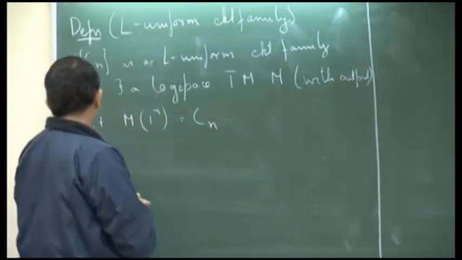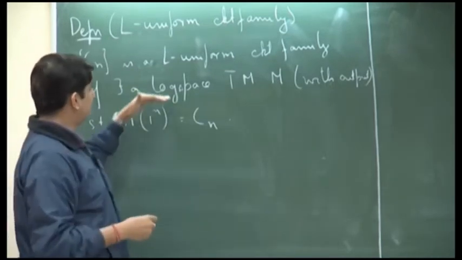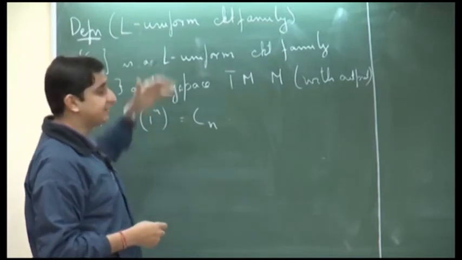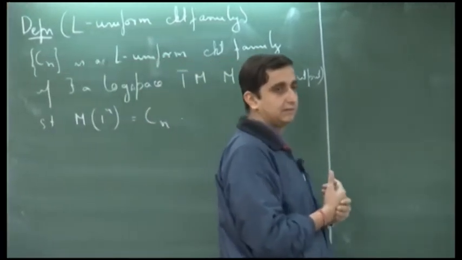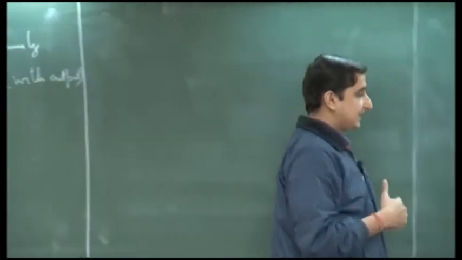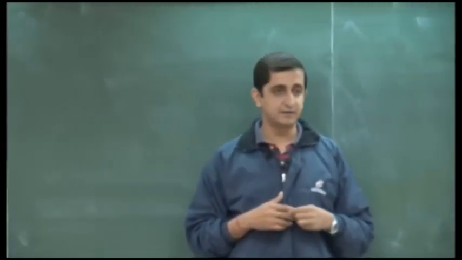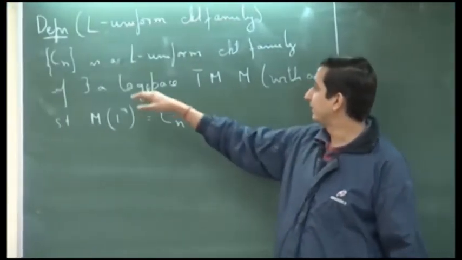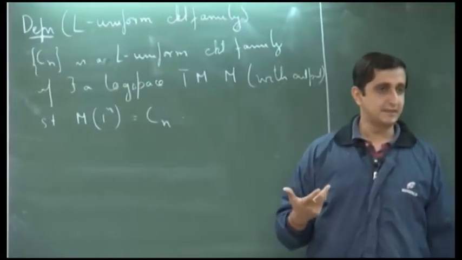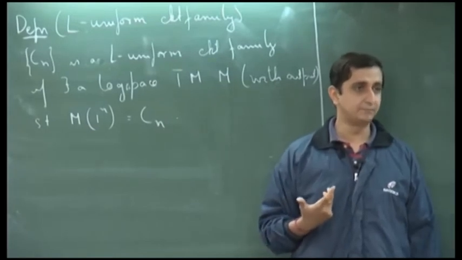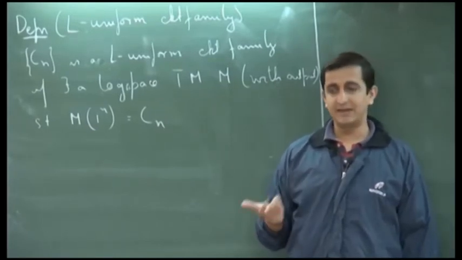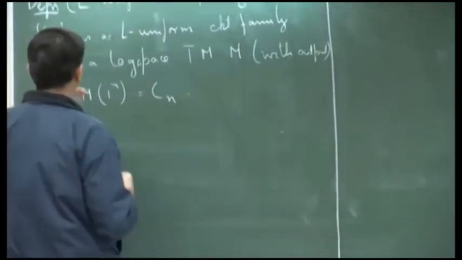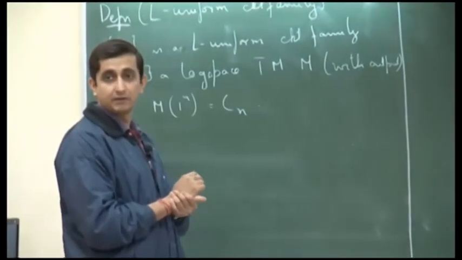And it turns out that although this is a restricted family of circuits, because it is a subset of P uniform circuits, because of course if a circuit can be generated by a log space machine, the same machine also runs in polynomial time, right. So, we know that L is contained in P. So, therefore, this is a smaller family, okay.